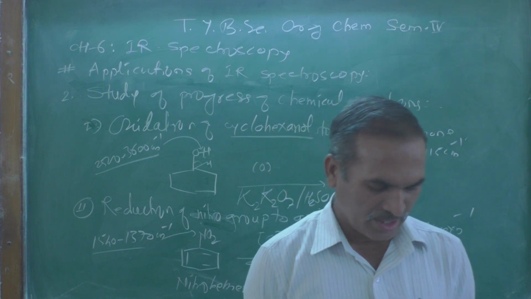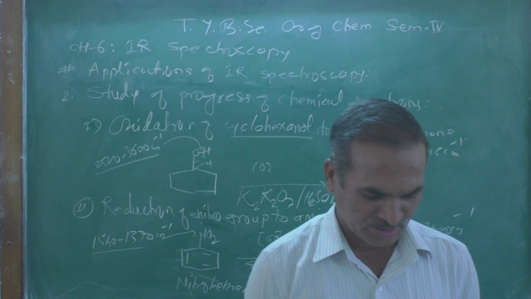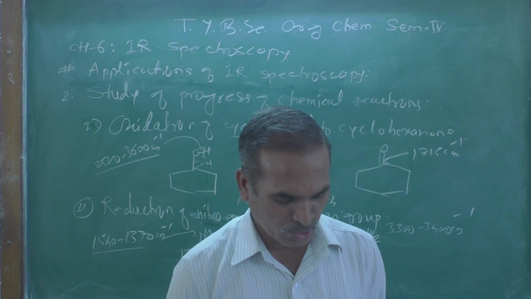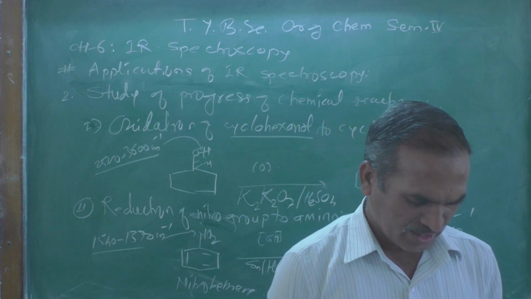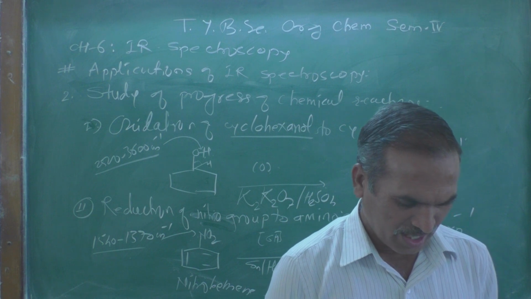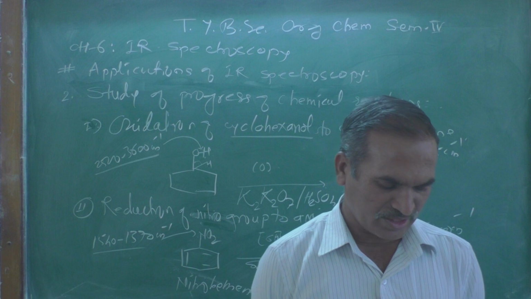The kinetic study is made by placing the reaction mixture in the spectrometer beam and scanning the desired spectral region at frequent intervals.